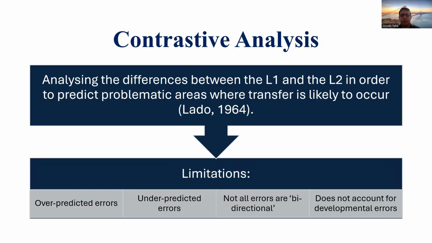So one of the methods that is widely used in exploring second language learners is contrastive analysis, which is basically based on analyzing the differences between the first language that they already have access to and the second language that they are aiming to learn.